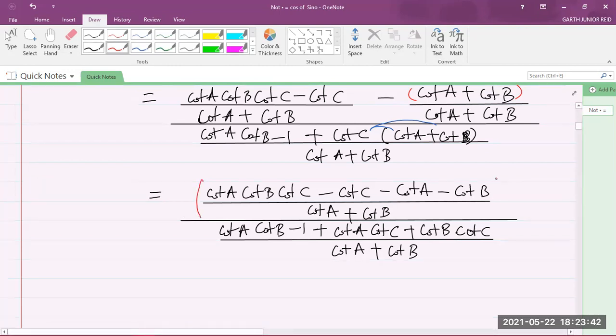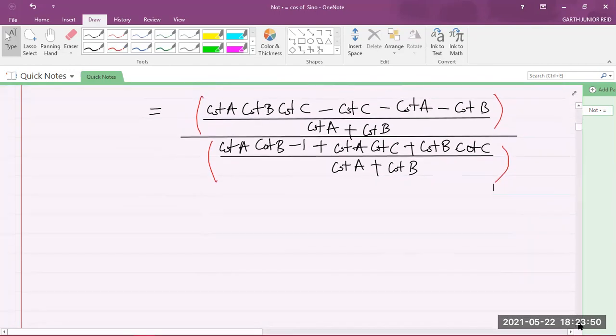And remember, I have a fraction here divided by another fraction here. So it means that I will have to multiply by the reciprocal of the denominator, the reciprocal of the second fraction.